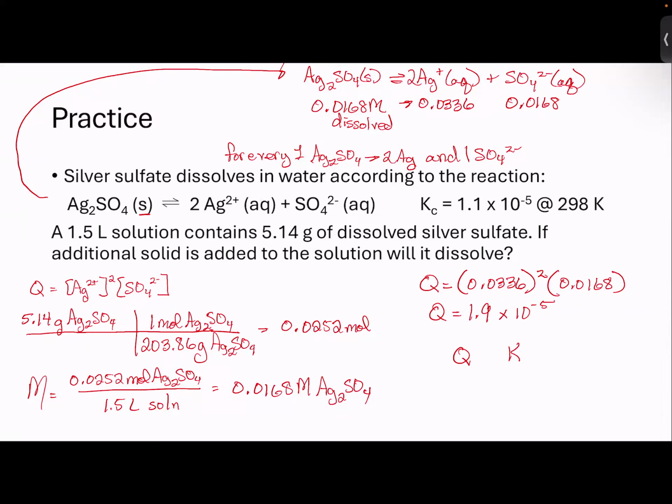Is 1.9 times 10 to the minus 5, which is Q, greater than, equal to, or less than the Kc of 1.1 times 10 to the minus 5? It's greater than. So Q is greater than K. That means that the reaction proceeds towards the reactants. So in answer to the question, no, the additional solid will not dissolve.